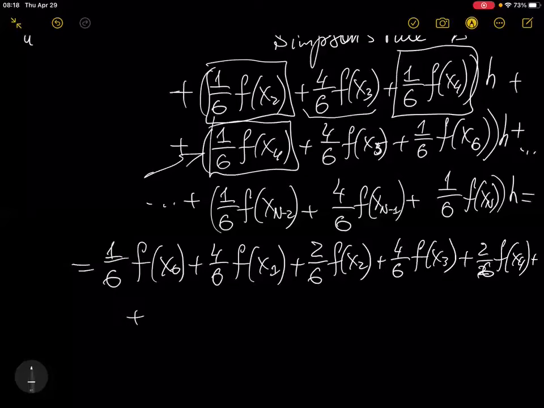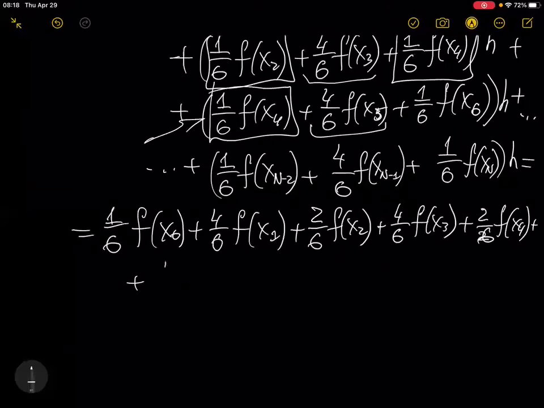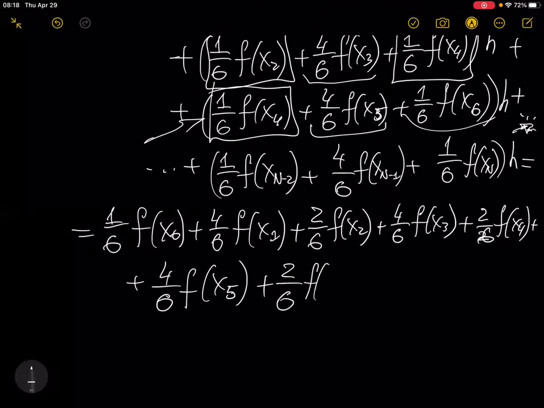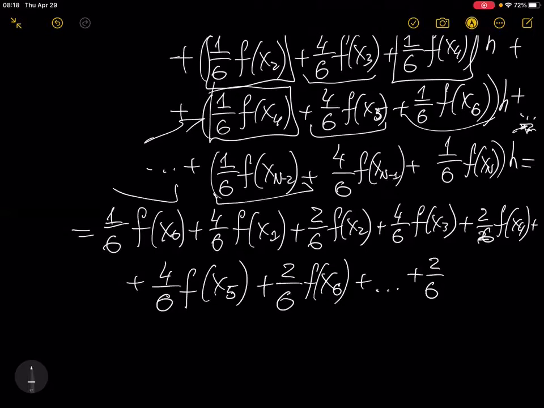Then this term comes once. And this term, because the next term here will contain it again, will be 2/6. And then it will be 2/6. This term will have its counterpart here. This we encounter just once.